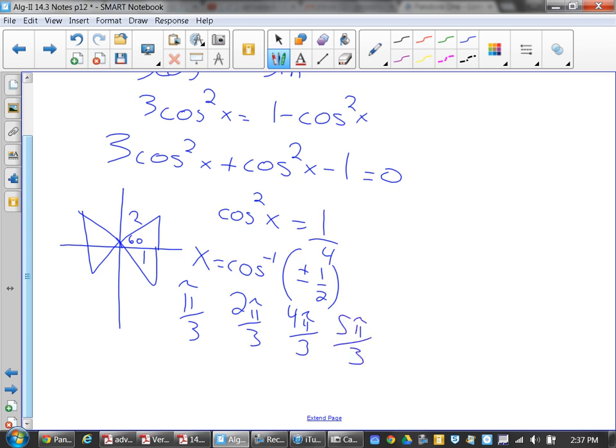So in this case, there are 4 possible angles that work. It's plus or minus, that's the square root. It's a very simple thing to forget. Don't forget when you take square roots over equal signs, plus minus.